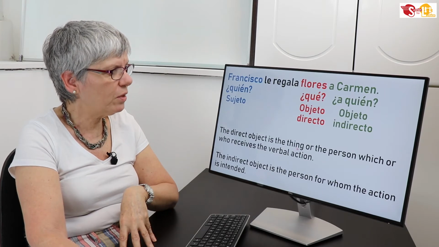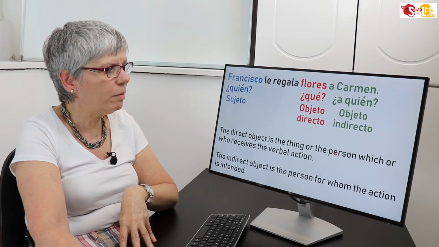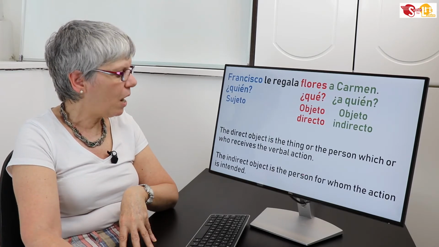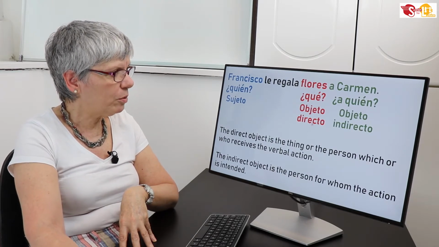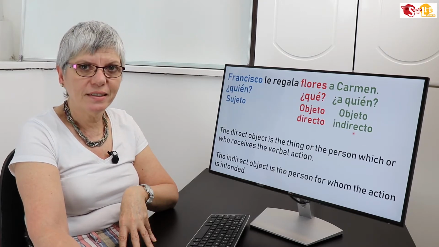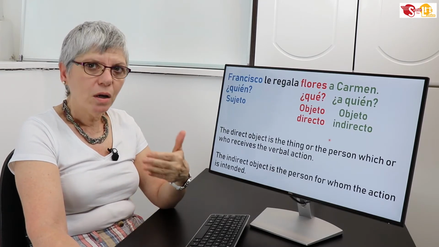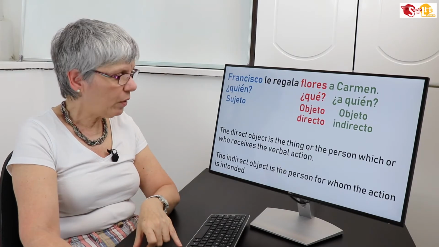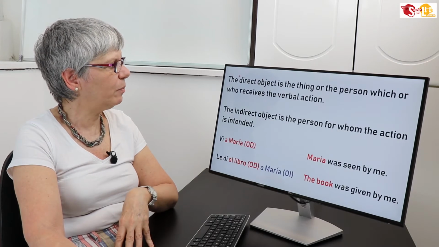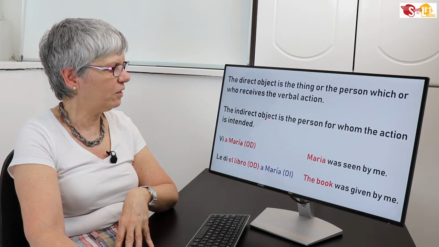So that's why I put here the thing or the person which or who receives the verbal action. Now the indirect object, here in green, is the person for whom the action is intended. Now let's move on to the second slide where I wrote this again. So it's exactly the same, the direct object and the indirect object.